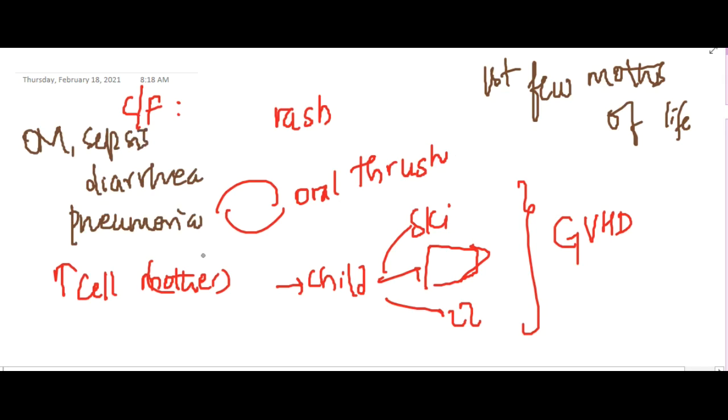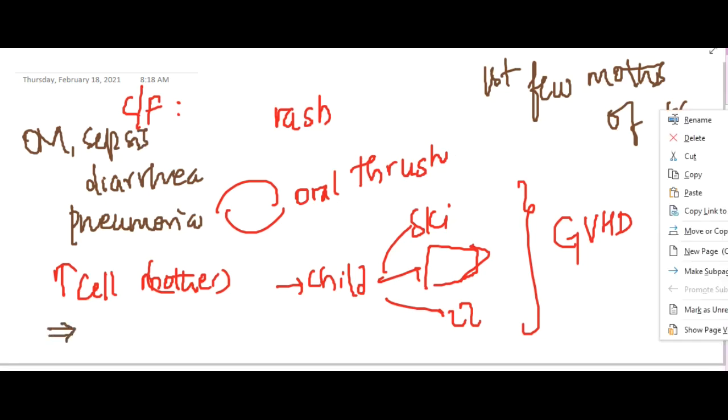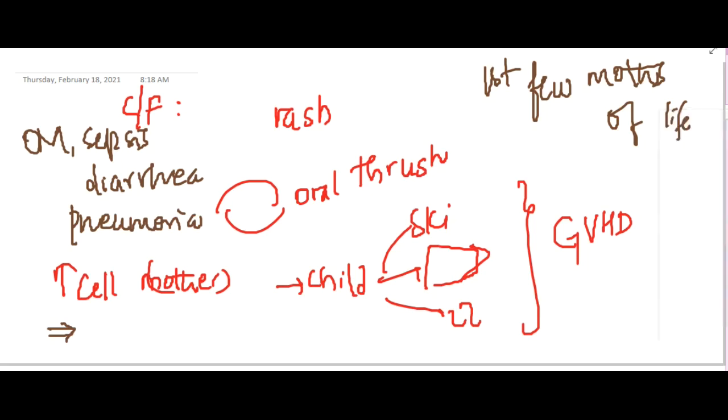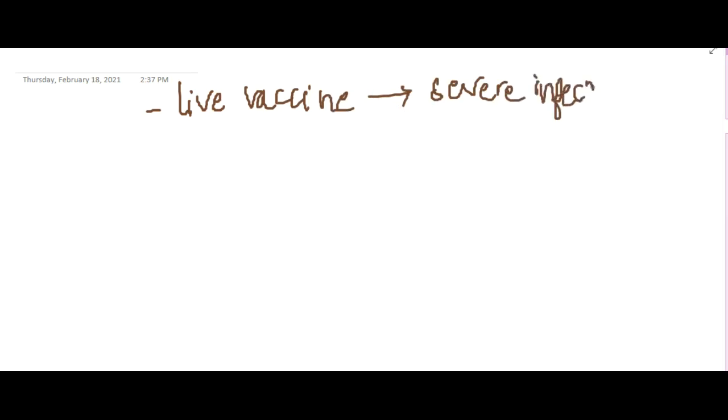One important thing which you have to remember here is, if you give any live vaccines to these patients, then this will become a fatal condition. Severe infections will occur. So live vaccines are contraindicated in a patient with severe combined immunodeficiency.